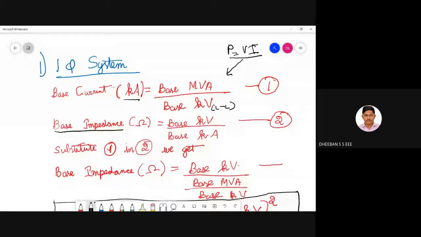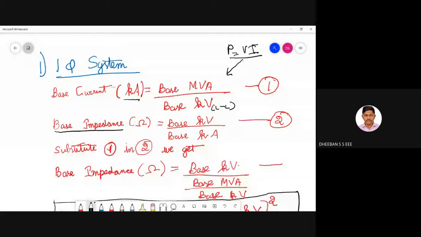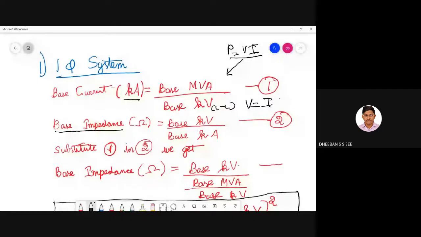This is similar to your Ohm's law, V equal to I into R. If you are in need of your resistance R, you'll have R equal to V by I.